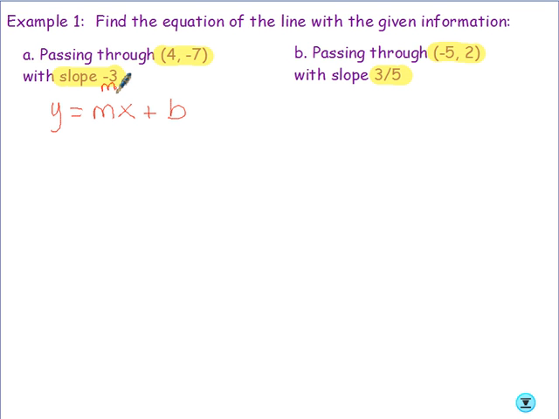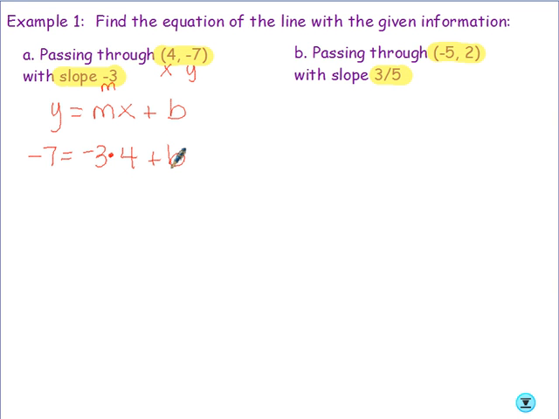Whenever I give you a pair, like 4, -7, I'm always giving you an x value and a y value. So those are the three places we're going to put the numbers. In place of y, I have a -7. In place of m, I have a -3. We have multiplication here. In place of x, I have a +4.